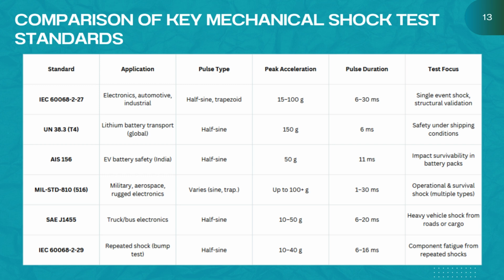It evaluates fatigue and loosening effects from ongoing mechanical agitation with 10 to 40 gram acceleration and pulse durations from 6 to 16 milliseconds. So, each standard addresses a different real-world scenario, from one-time shocks to repeated vibrations, depending on the application.